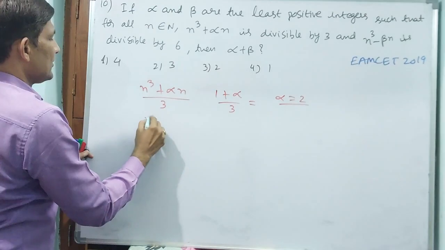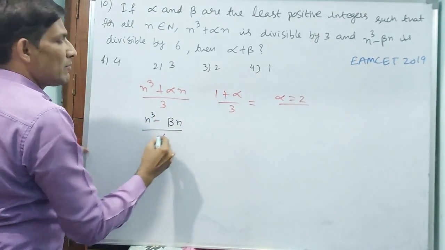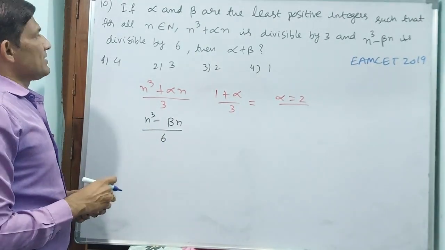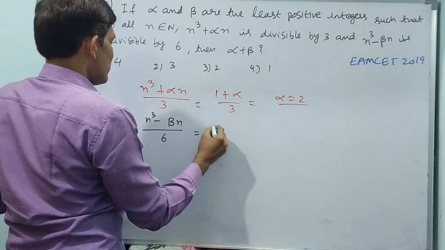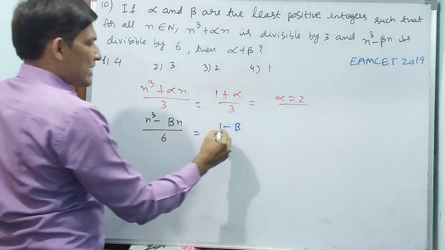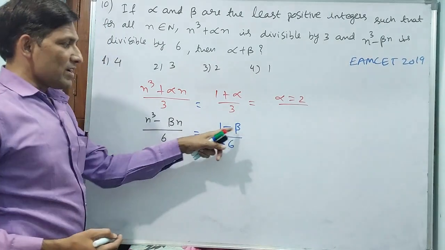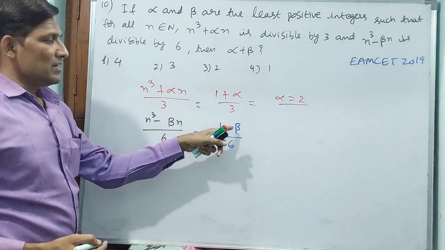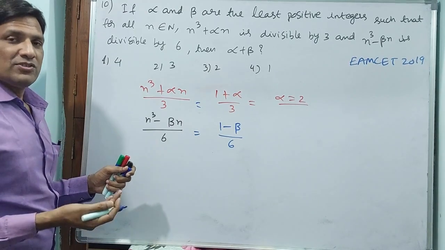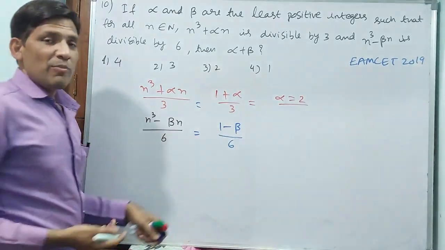N cube minus beta n should be divisible by 6. Forget about n: 1 minus beta should be divisible by 6. See, 0 is also divisible by 6, because 0 by 6 is 0. That is why beta may be 1.